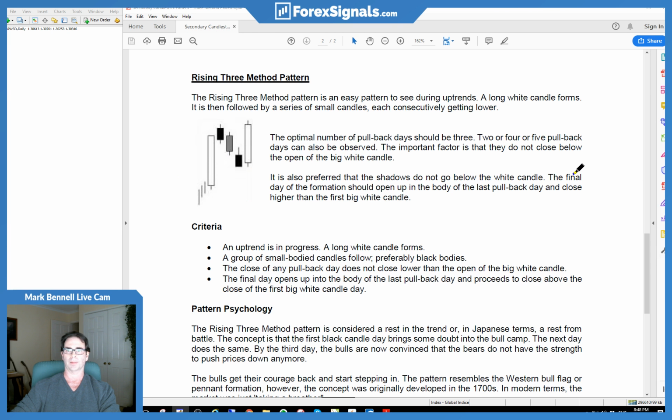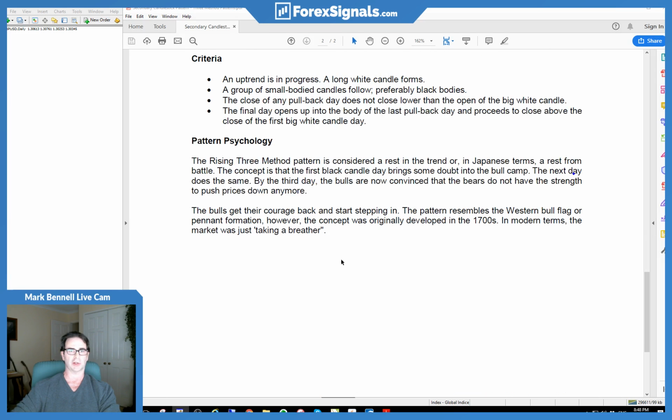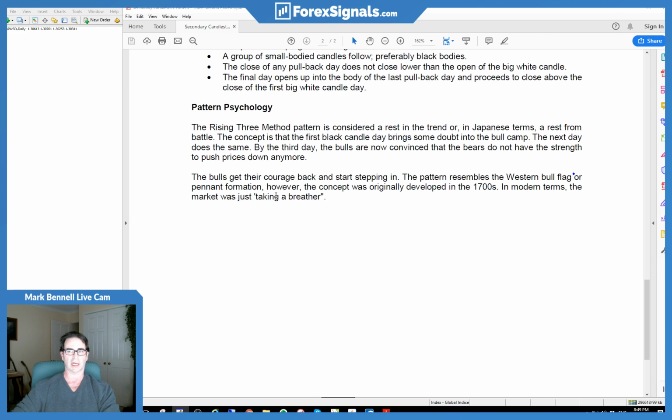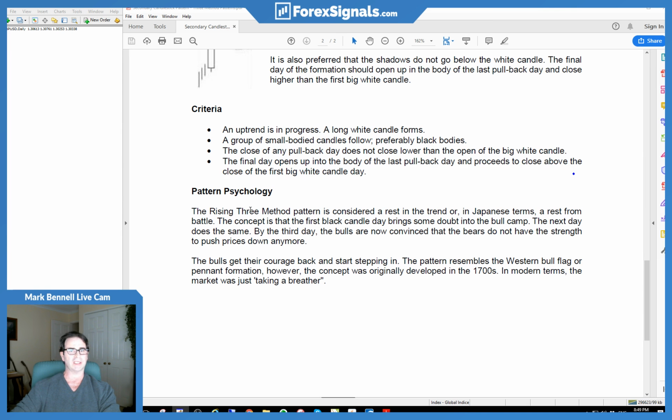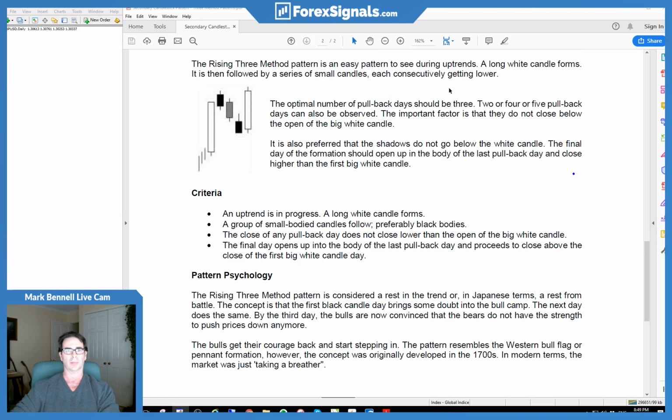So pattern psychology in terms of the bullish setup. The rising three method pattern, so we've got the falling and the rising three method, is considered a rest in the trend, or in Japanese terms, a rest from battle. So we've got the big massive push up here, and you all hear me talk about big massive push. We need to correct this before price goes on.